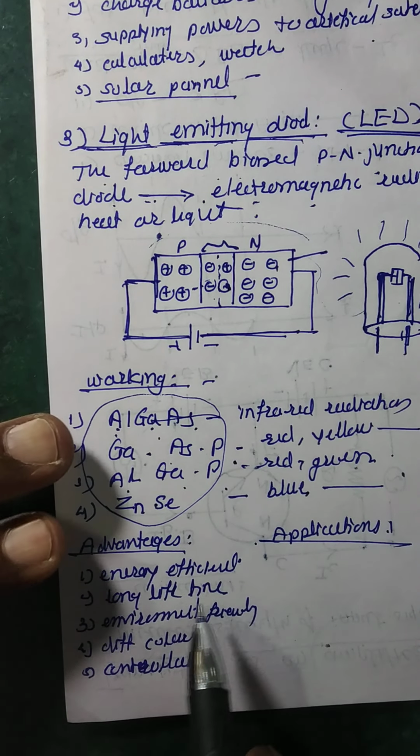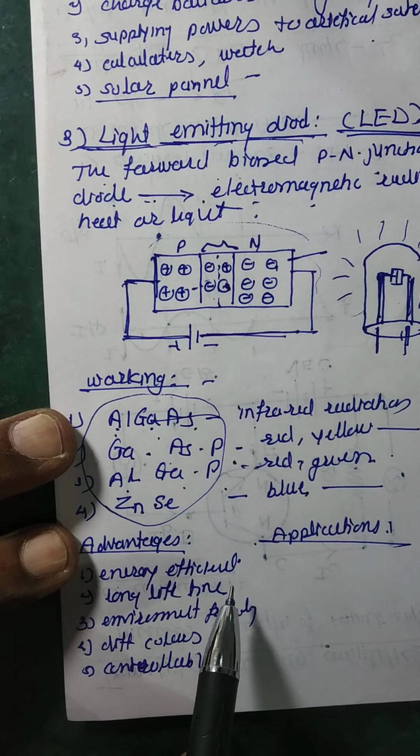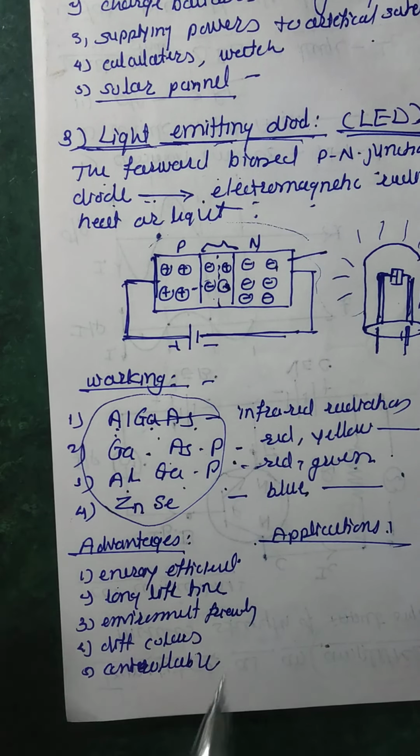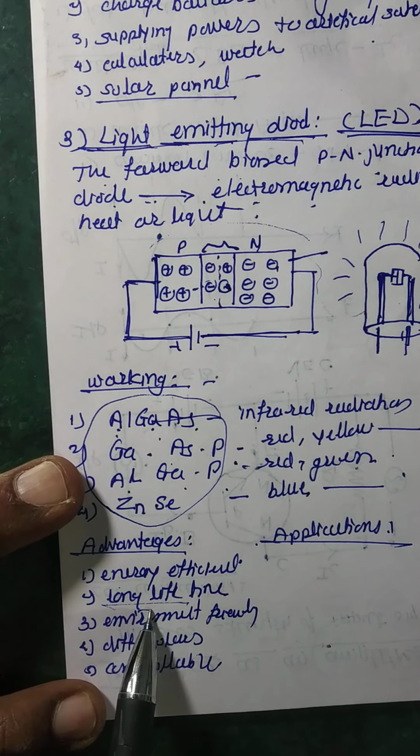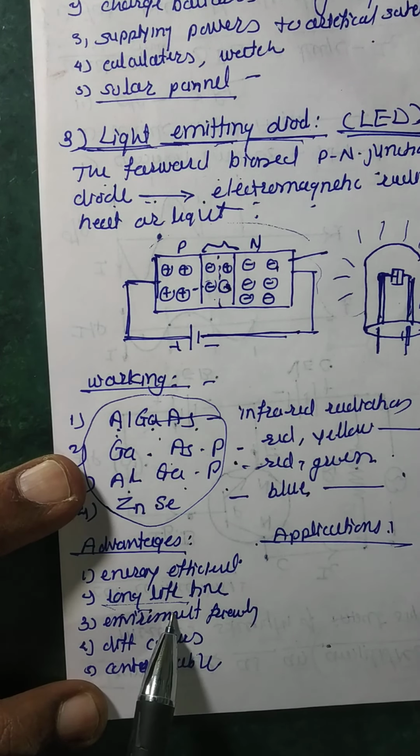Energy efficient means more light output for less electrical power. It does not have a filament, and hence its lifetime is very long. Environment friendly: it does not contain mercury or any hazardous gases. It is available in different colors. Controllable means the brightness and color of light can be controlled.